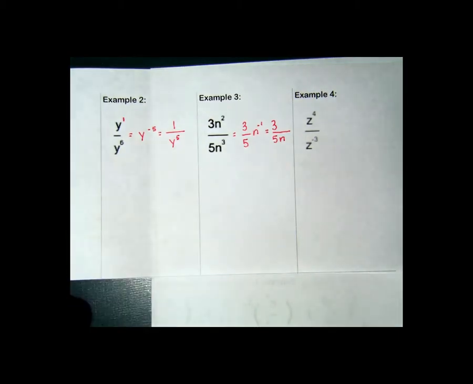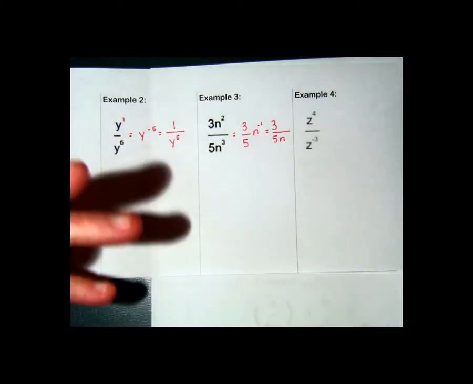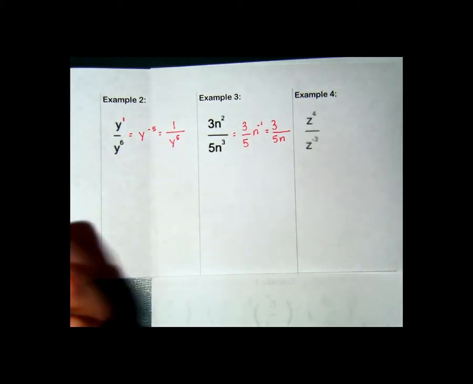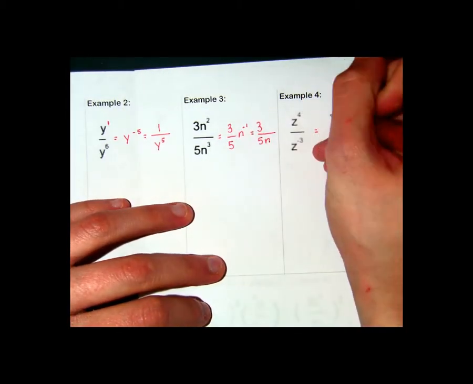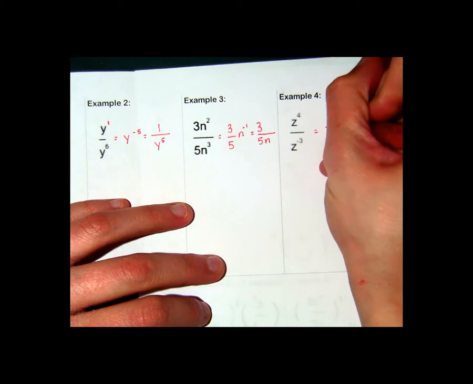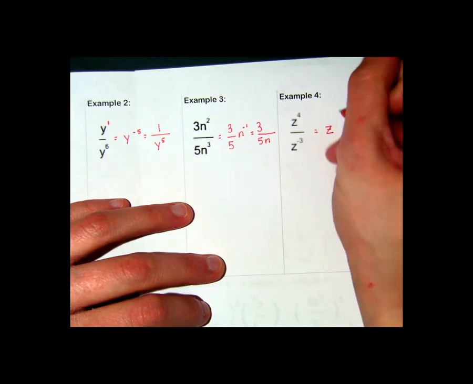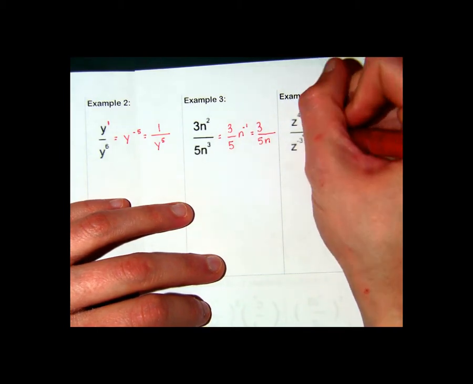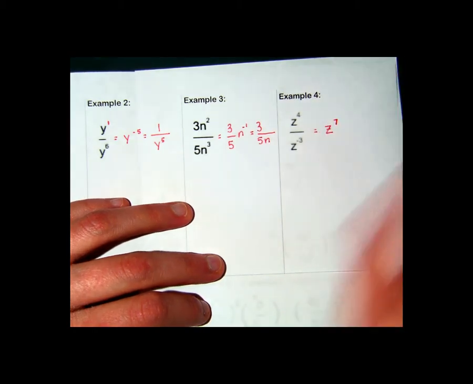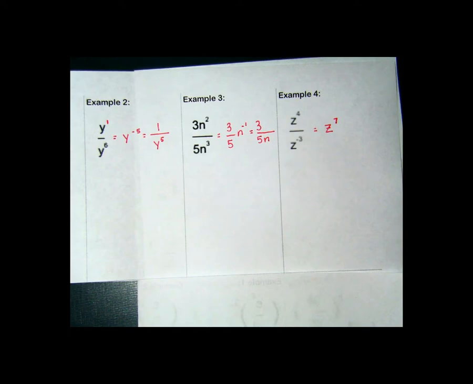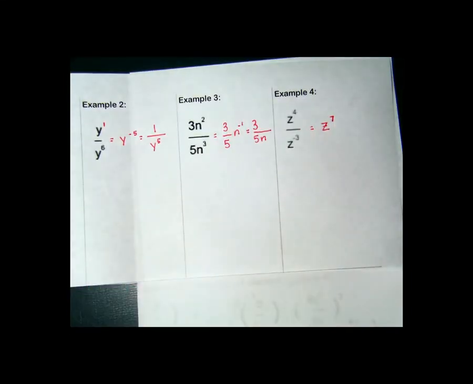I don't put o to the first power because it's understood. I don't have to write it down. Alright, and last with this rule is example 4. Z to the, I've got 4 minus negative 3, which is the same as 4 plus 3, so z to the 7th. That is the quotient of powers rule.